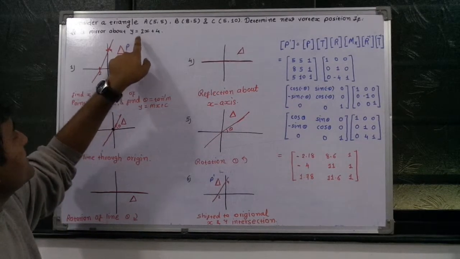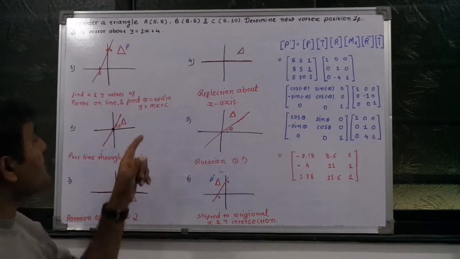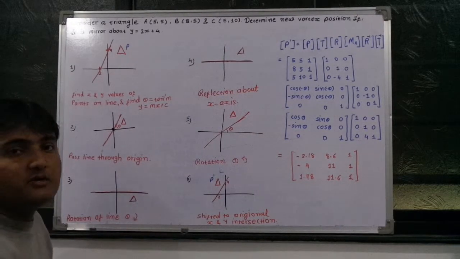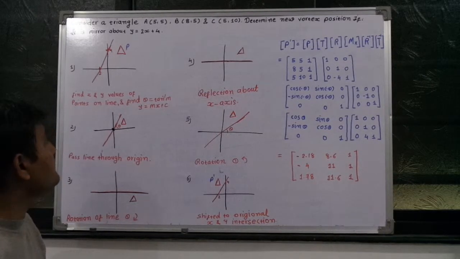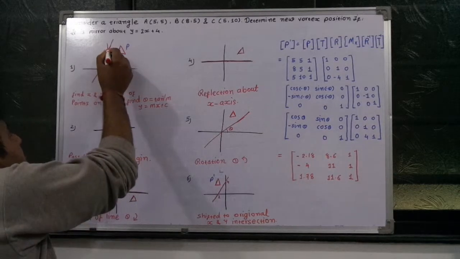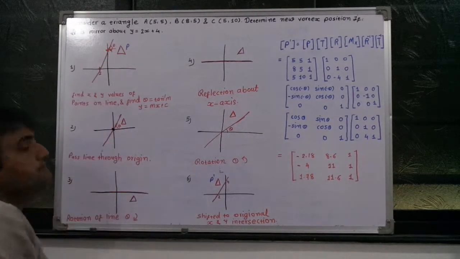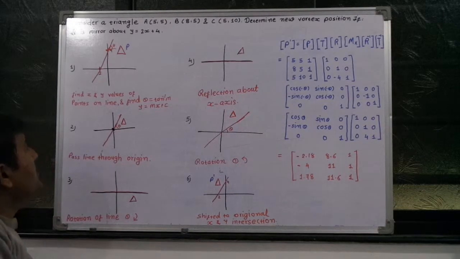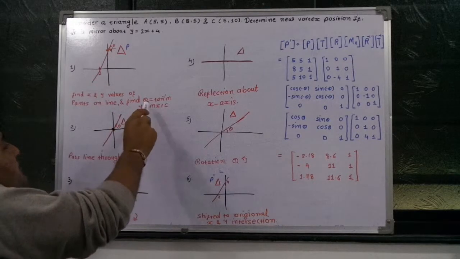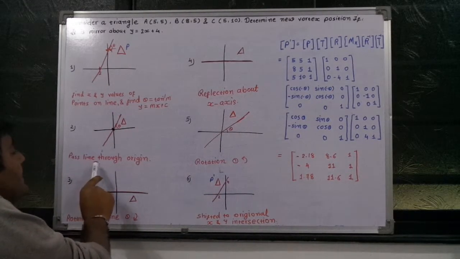Here m is equal to 2, so putting m equals 2 gives theta of around 63 degrees. This theta is the angle made by the line. So the first step is to find the x and y values and then the value of theta. Now the second step is to pass the line through the origin.